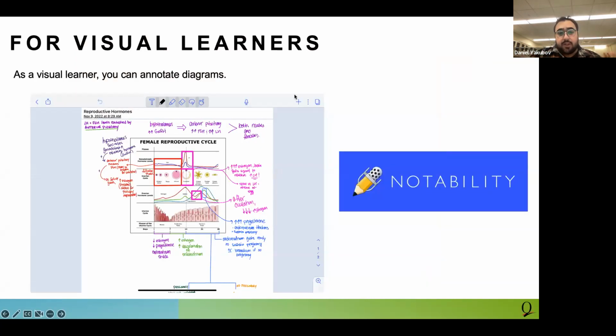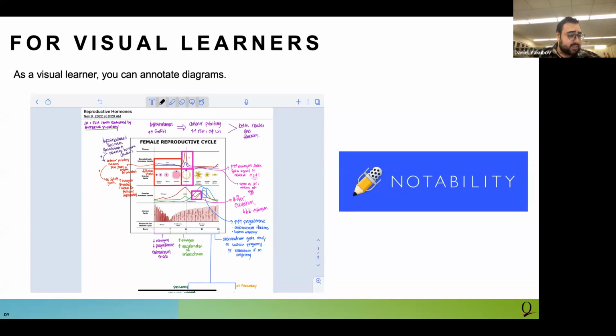And then again, for visual learners, like I mentioned before, I was studying for the MCAT at the end of last year, and I needed to brush up on reproductive hormones. I used an app called Notability. It's available for any tablet. You can import pictures, and I literally just drew in all these different markings on my iPad.